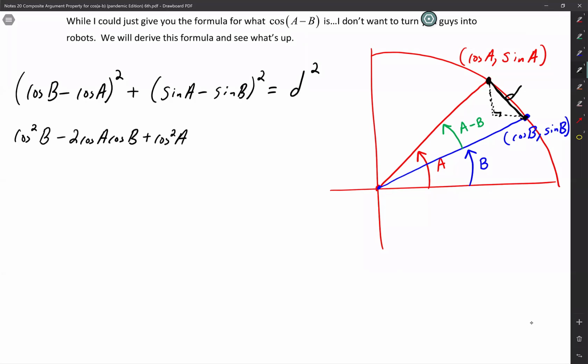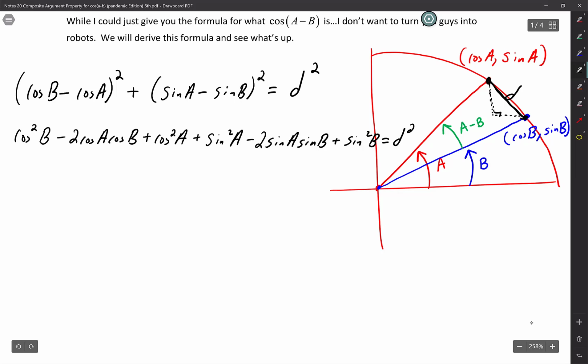Does this make sense so far? All I'm doing is expanding. Now let's expand this guy. So sine A times sine A is going to be sine squared A. Sine A times sine B, that's going to be sine A sine B, but you're going to have two of those. So minus 2 sine A sine B. And then plus, because negative times a negative, sine B times sine B is sine squared B. And all that still equals d squared.